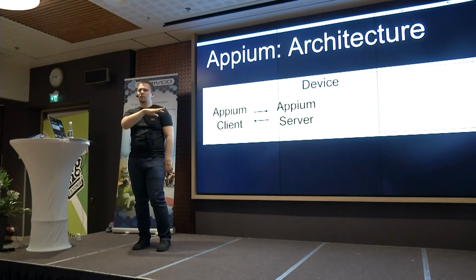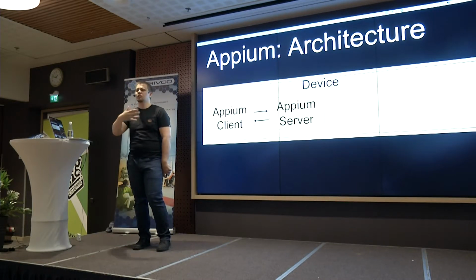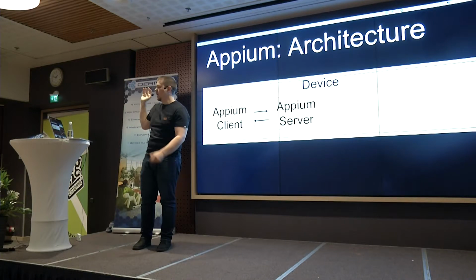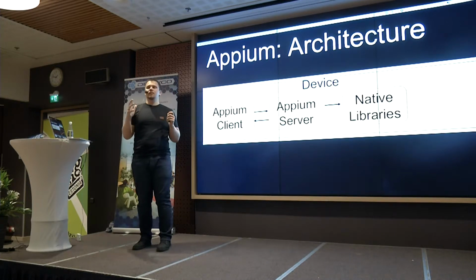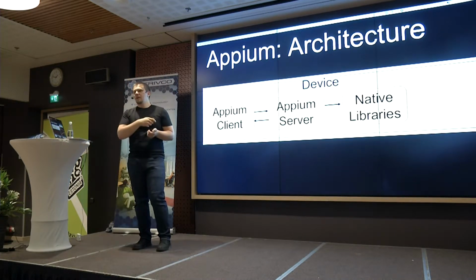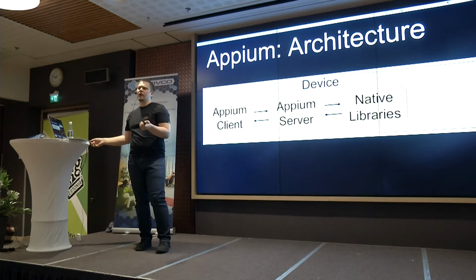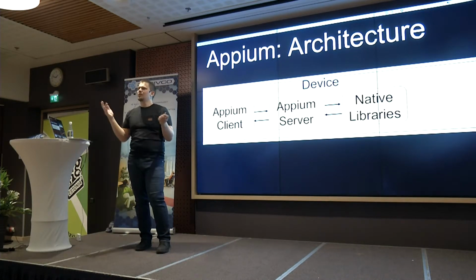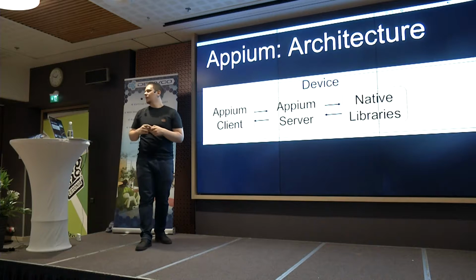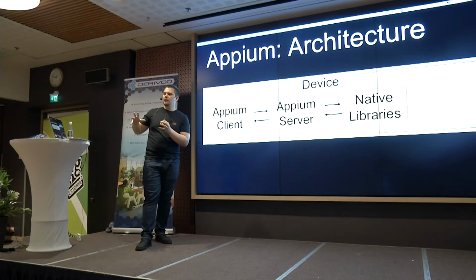Something you have to take away is that language bindings can be C#, Java, Python, whatever you prefer. But this last part is really impressive: the native libraries, the way they're able to handle multiple platforms with Appium, whether it's iOS, Android, or Windows phones.